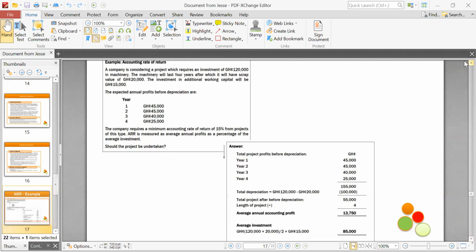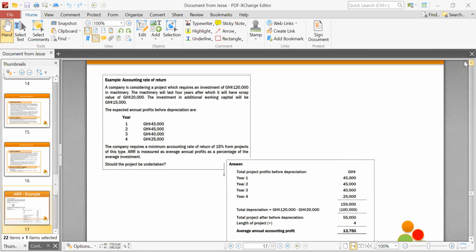Yes, sir. Okay. So what will be our average investment? What do you think our average investment will be? What are the investments we have here?